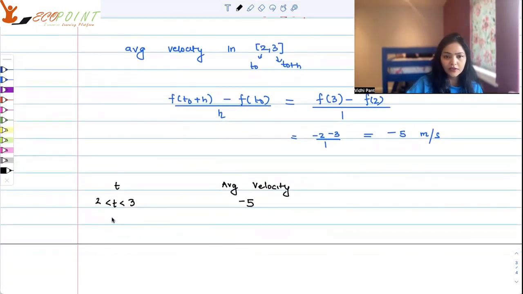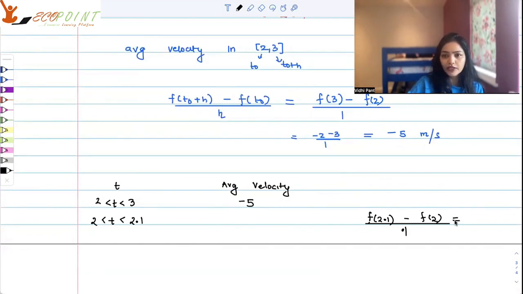If you take t between 2 and, say, 2.1, that's close by 2 only. So this will give you f of 2.1 minus f of 2, whole thing upon the change in t, which is 0.1, so the denominator will be just 0.1.